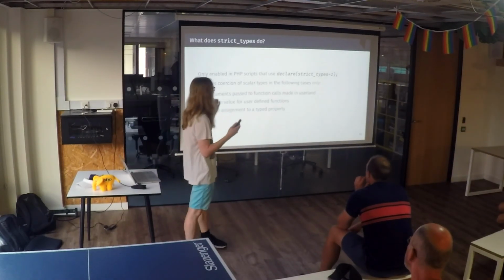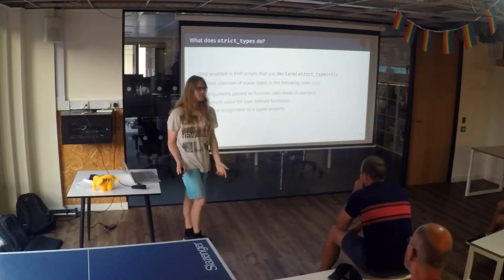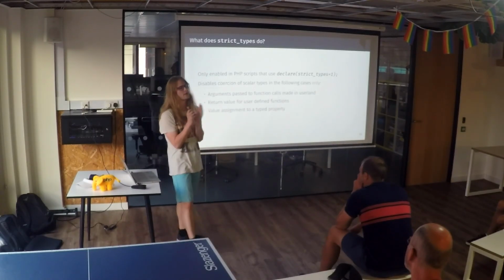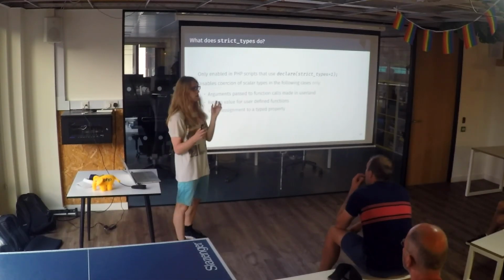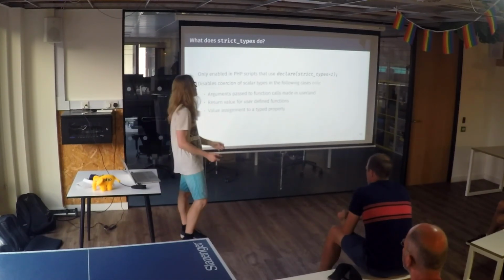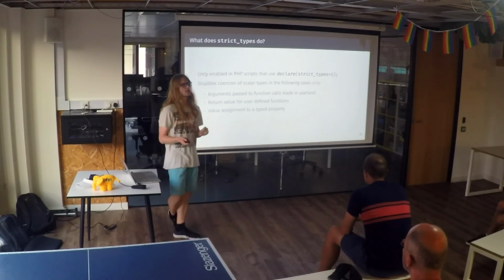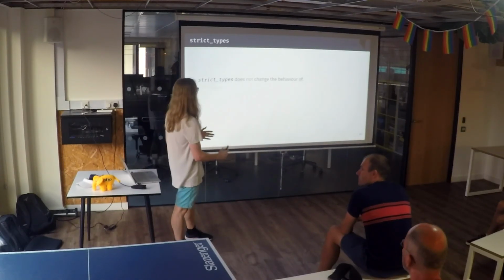It is also only enabled on PHP scripts that use declare strict types, and it disables coercions of scalar types in the following cases only: arguments passed to functions which are made in userland, return values for user-defined functions, and value assignment to a typed property. That's it. That's the only case where strict types actually does anything useful.